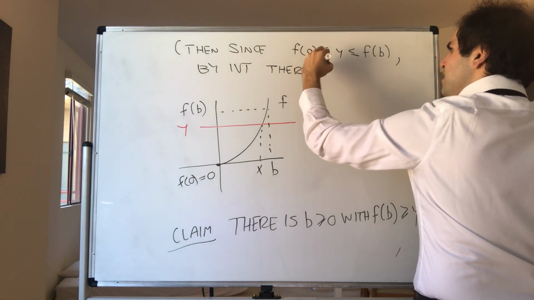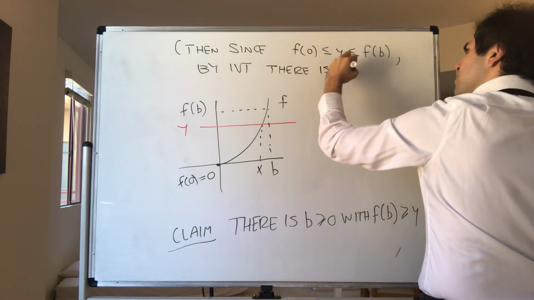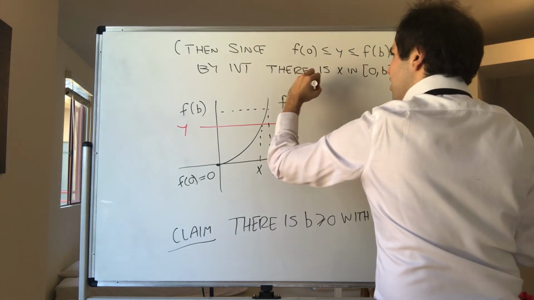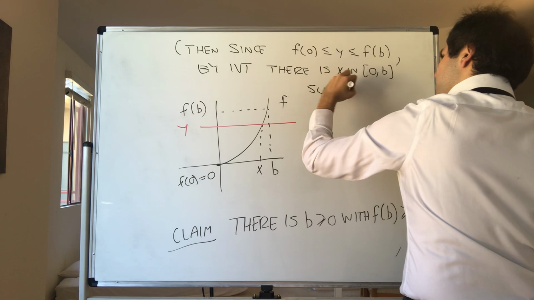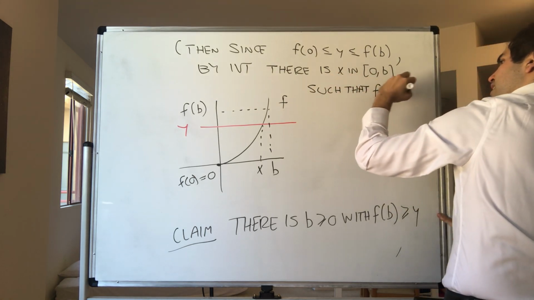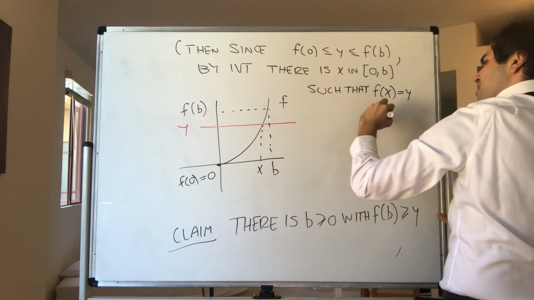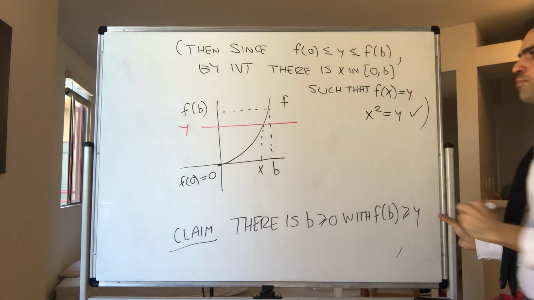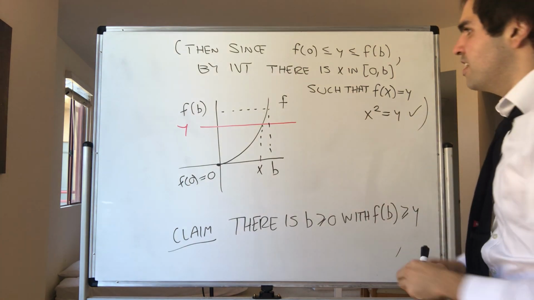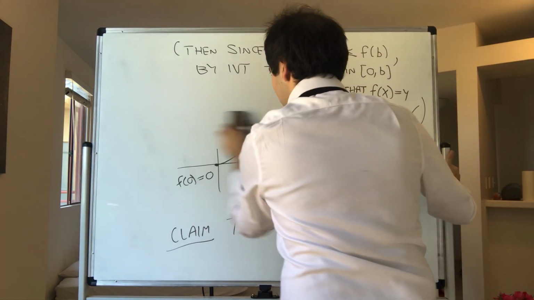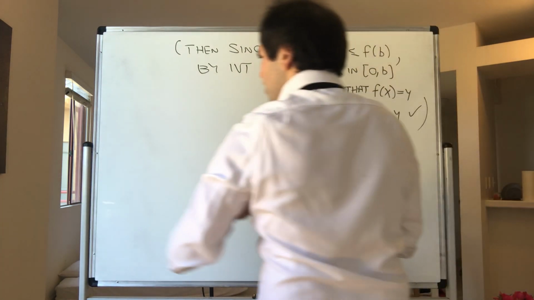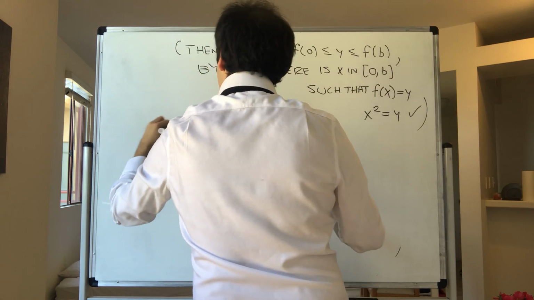So by IVT, there is x in, let's say, 0 to b, in particular non-negative, such that f of x equals y. In other words, x squared equals y, which is precisely what we want. All right, so let's now just prove the claim, and then we're done. And in fact, the claim is very quick to prove as well.